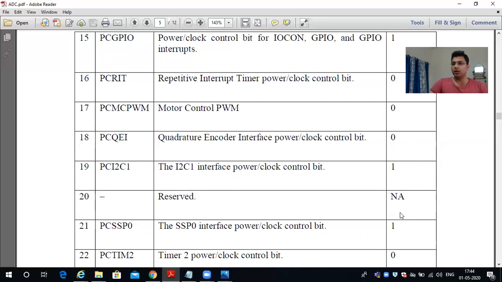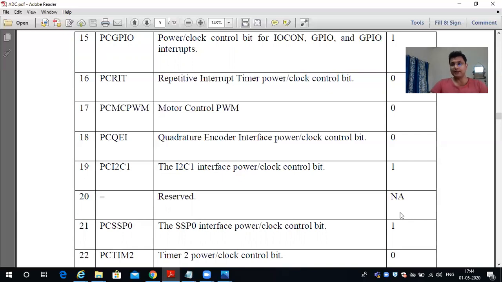Either the peripheral clock can be equal to the core clock, or half of the core clock, or a quarter of the core clock, or 1/8 of the core clock. To select any one of the options, we need to configure that selection through the PCLK select registers. Not pin select, PCLK select registers.